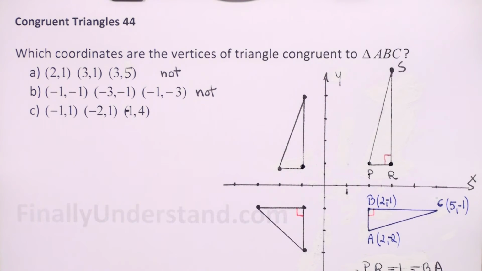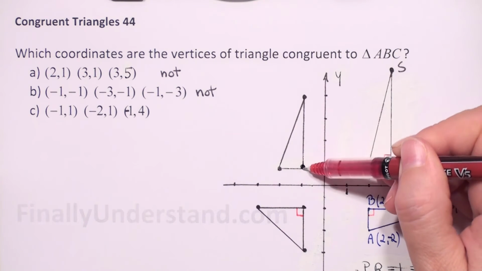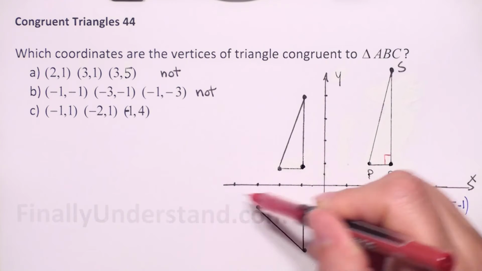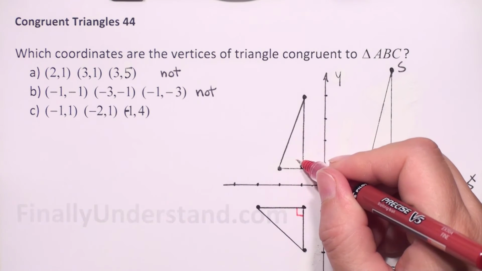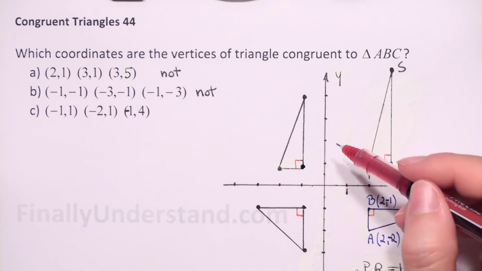Let's see. We've got another right triangle because this side of our triangle is parallel to the y-axis and that is parallel to the x-axis. So here we have right angles, so we have a right triangle.